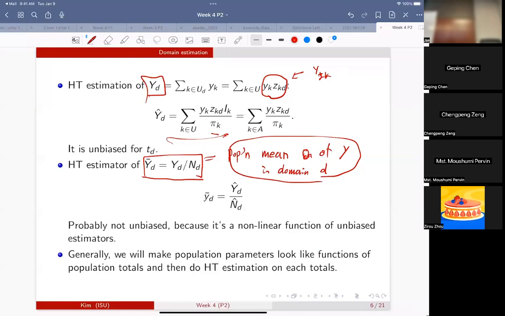And the interesting part of this parameter is that it is a function of two other parameters, right? So this is basically a function of two unknown parameters. These two parameters are unknown.